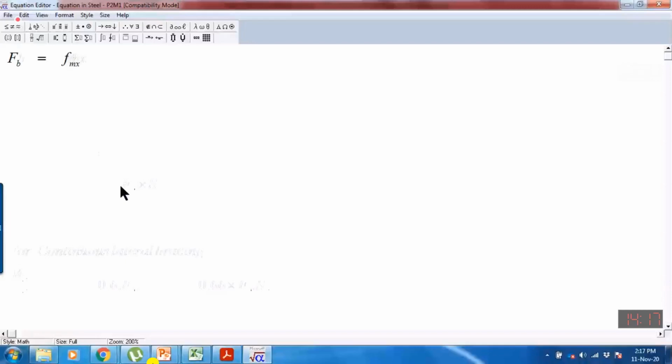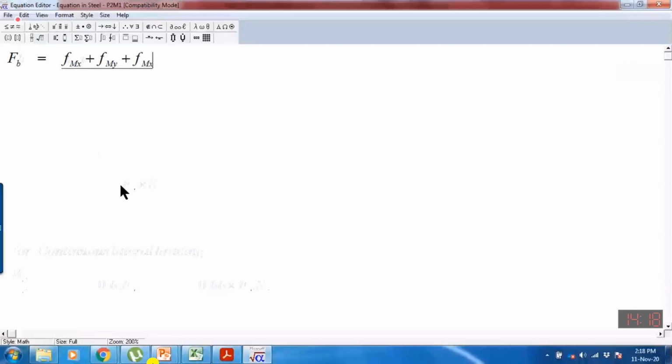So bending stresses produced due to the moment acting about the x-axis, plus bending stresses produced due to the moment acting about the y-axis, plus bending stresses due to the moment acting about the z-axis.